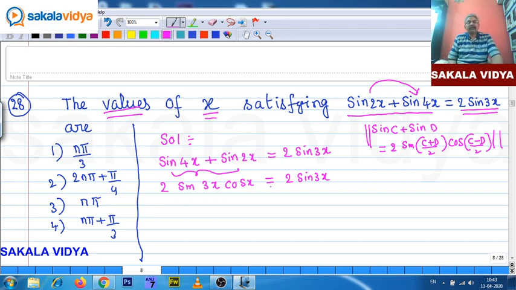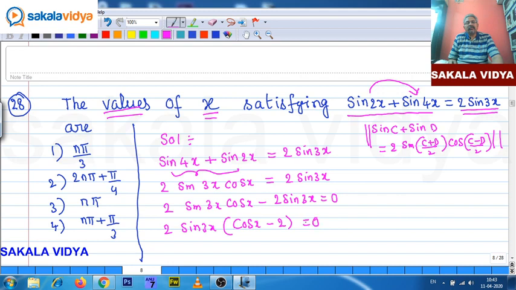Bring the 2 sin 3x to this side: 2 sin 3x into cos x minus 2 sin 3x equals 0. Now take 2 sin 3x common, so we have cos x minus 1 is equal to 0.